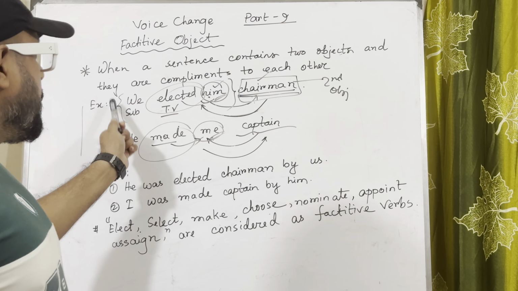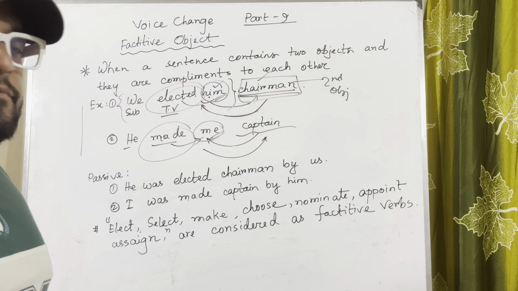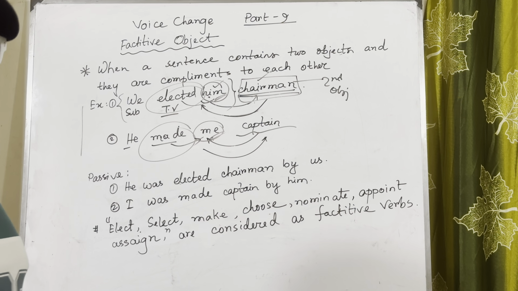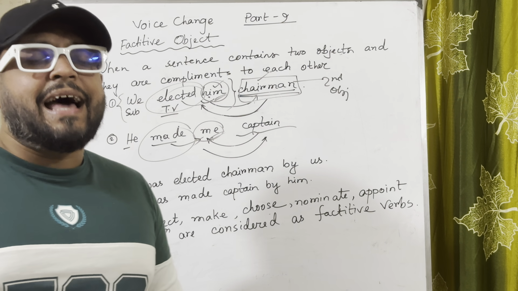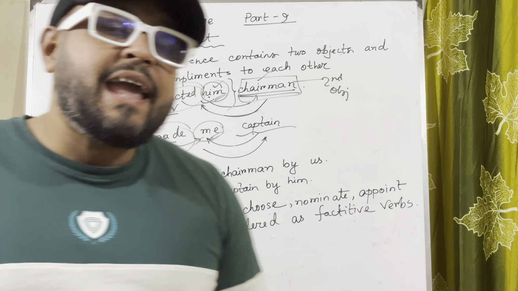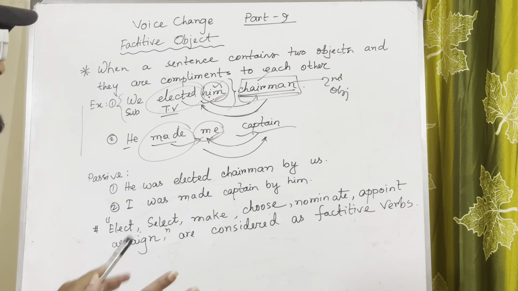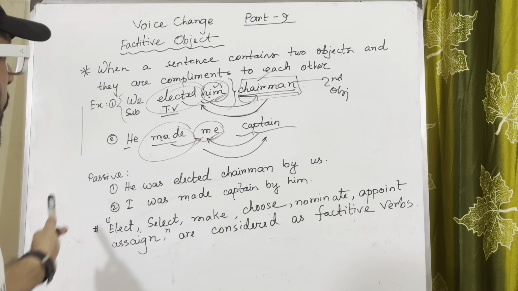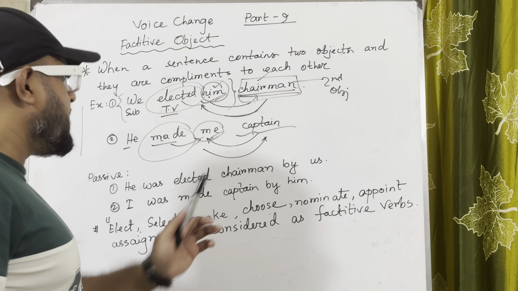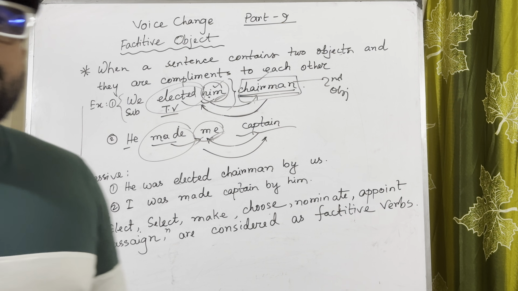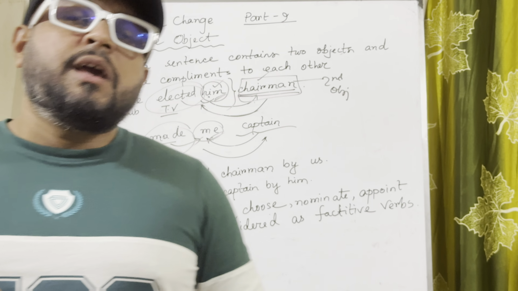And finally, we becomes by us. Similarly, he made me captain. You cannot say captain was made me by him. No, it's absolutely wrong. The right answer is I was made captain by him.